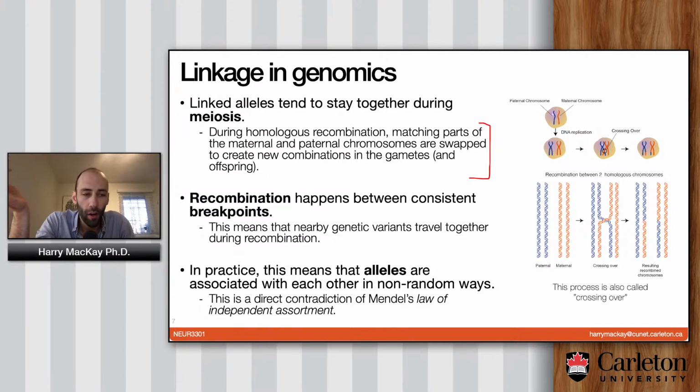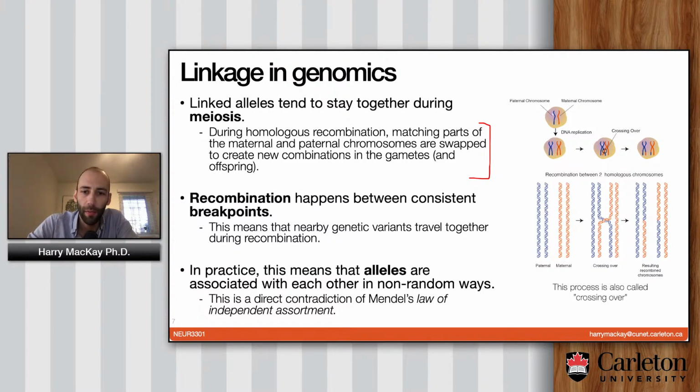This means that offspring are not getting just one-for-one duplicates of their parents' DNA. They're getting a novel mixture that incorporates both of their grandparents, essentially. And that means your offspring will end up with a mixture of traits that don't exactly match yours or anybody else in your family.